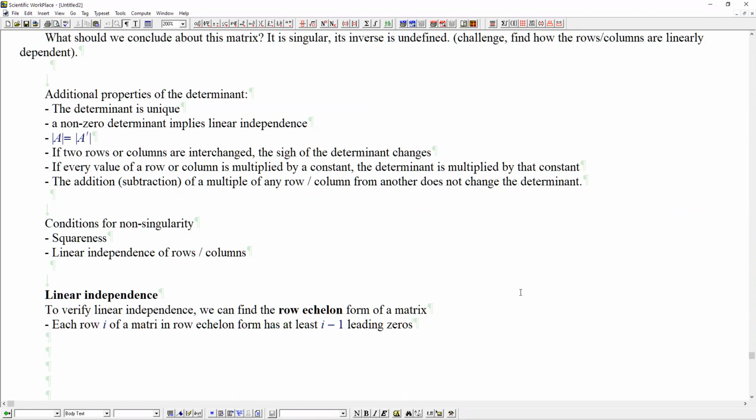So the first one has no leading zeros, the second has one leading zero, the third has two, or at least.